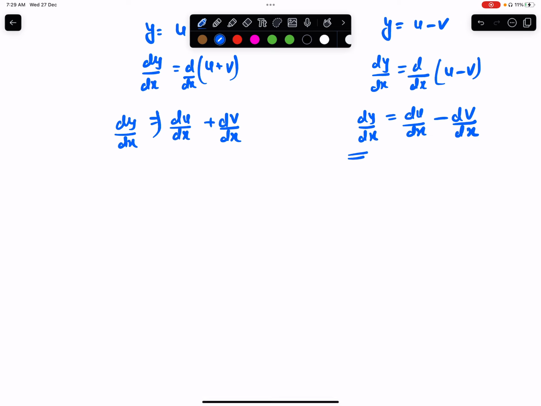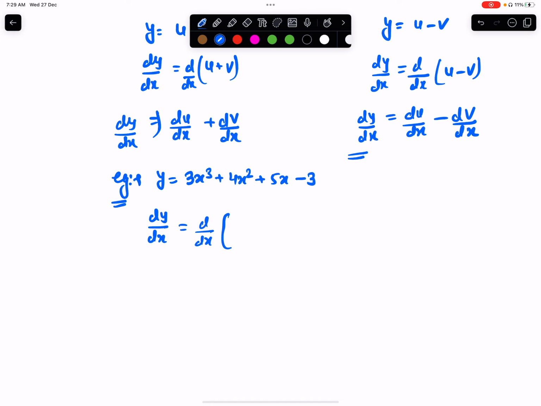So let's see an example of how to solve this type of question. Suppose we have y equals 3x cube plus 4x square plus 5x minus 3. This is a mixed example of sum and difference. So dy by dx is equal to d by dx of 3x cube plus 4x square plus 5x minus 3.